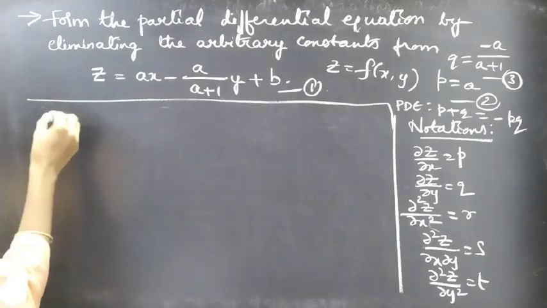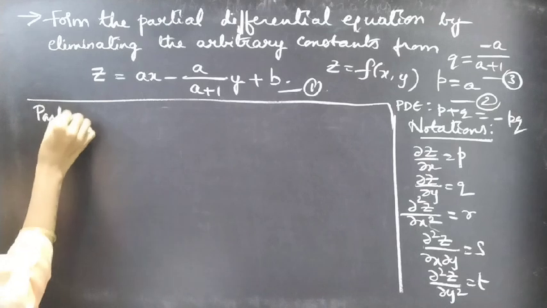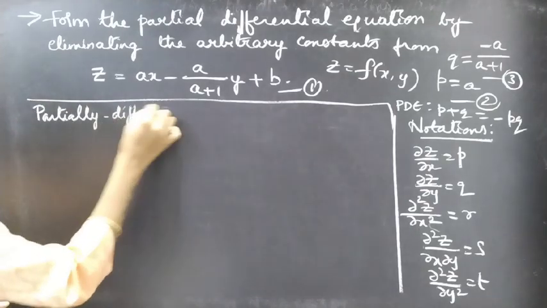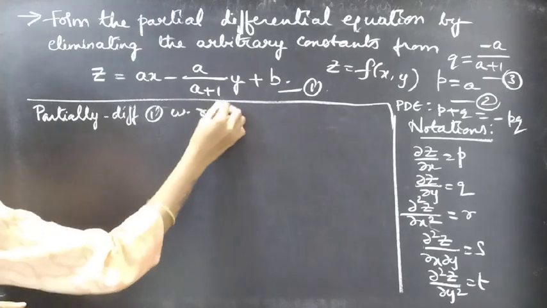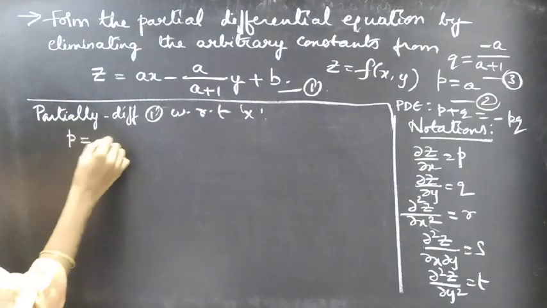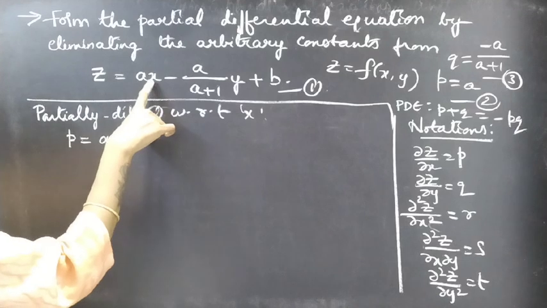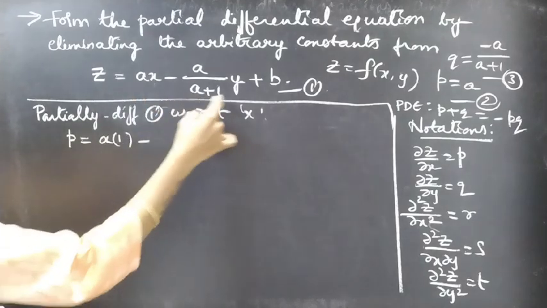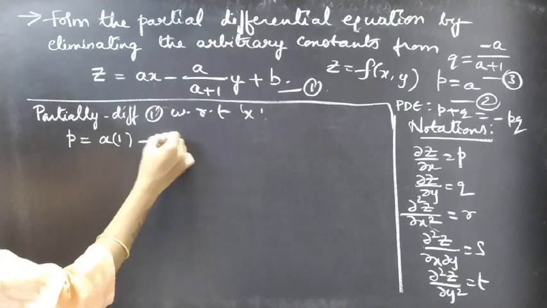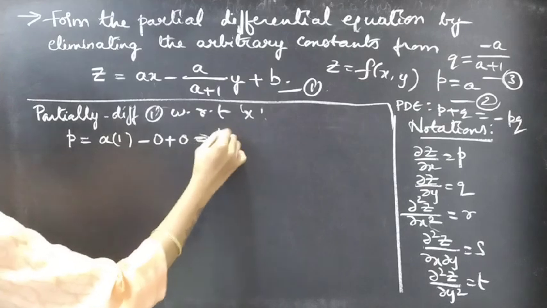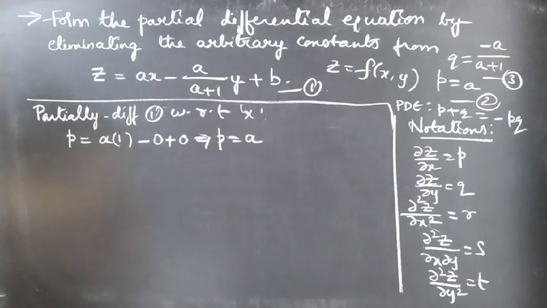Partially differentiating 1 with respect to x. Dou z by dou x, which is p, equal to a into partial derivative of x with respect to x is 1 minus partial derivative of a constant with respect to x is 0 plus partial derivative of a constant with respect to x is 0, which gives us p equal to a, right?